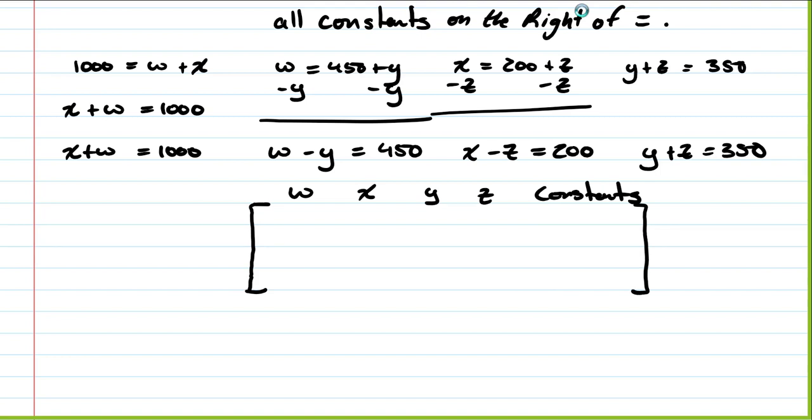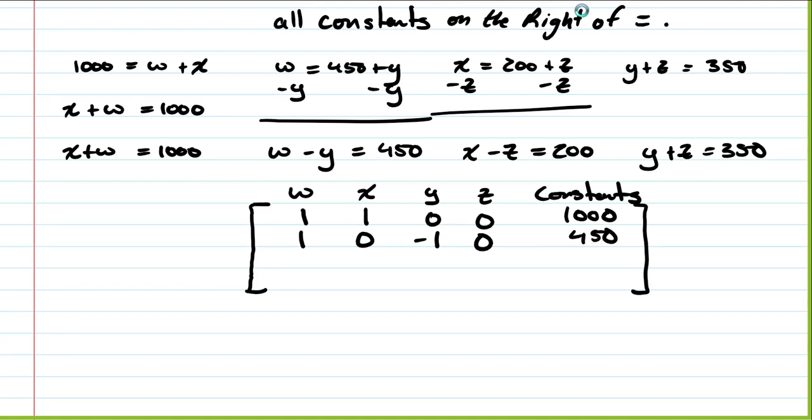So I look at my first equation, I have 1W, 1X, no Y's, no Z's, and my constant is 1,000. I look at my second equation, I have 1W, no X's, negative 1Y, no Z's, and my constant is 450.